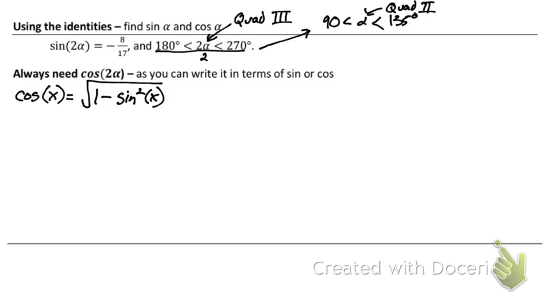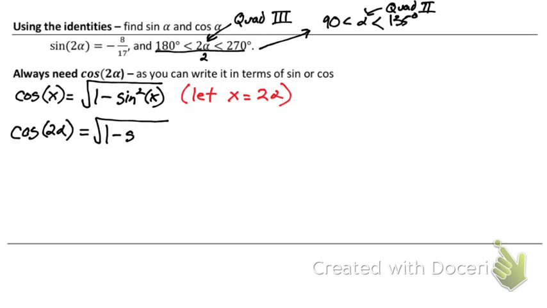Now x can be anything I want it to be. So I'm going to let x equal alpha to match our problem. So cosine 2 alpha is going to equal the square root of 1 minus sine squared 2 alpha.